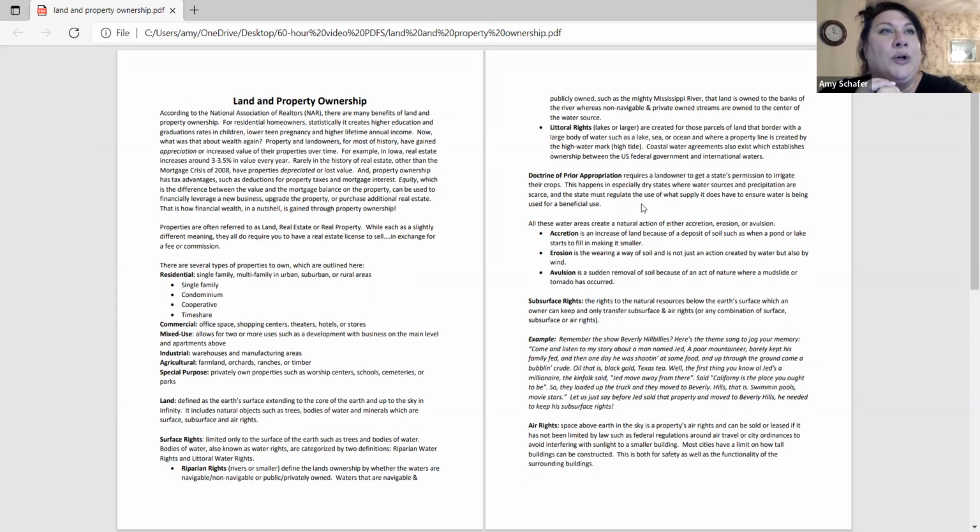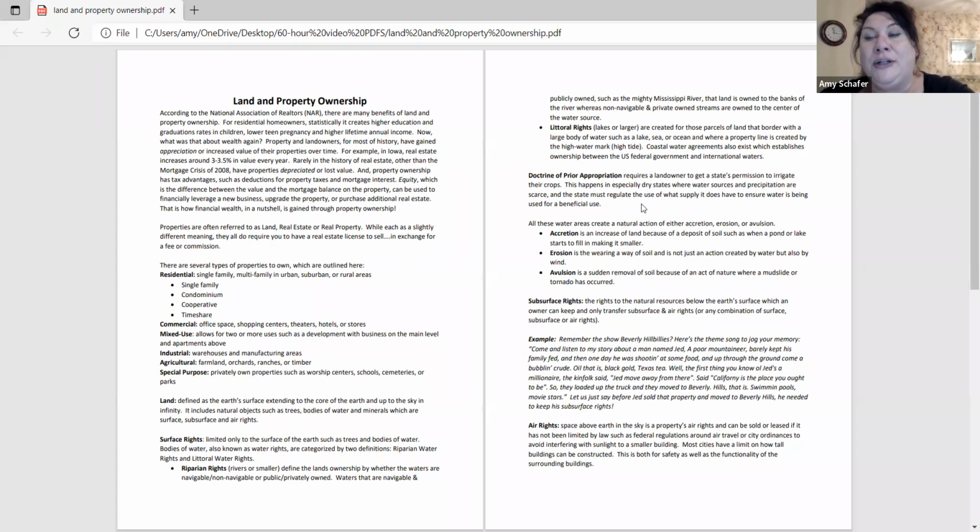Now, we've got 3 words here about what water does with its activity and with its flow of stream. And really accretion and erosion are the 2 that you probably are most familiar with. And while this may not be hugely exam worthy, I do know in Iowa it's a thing.